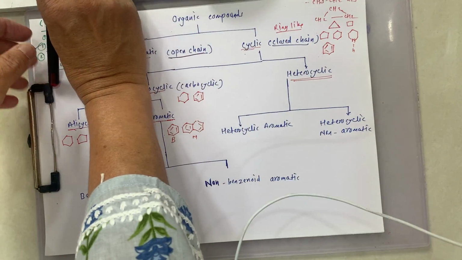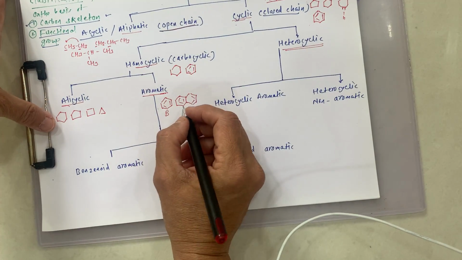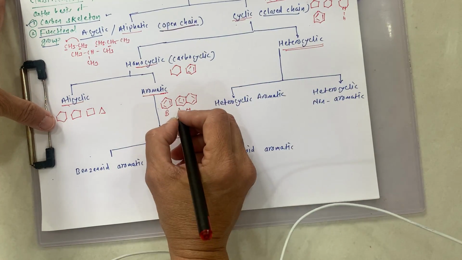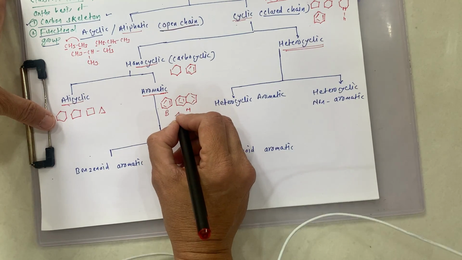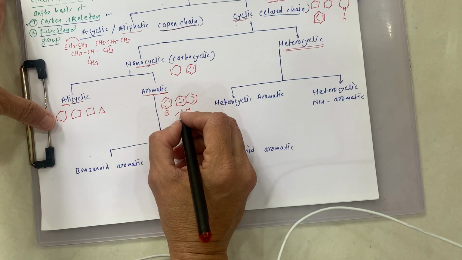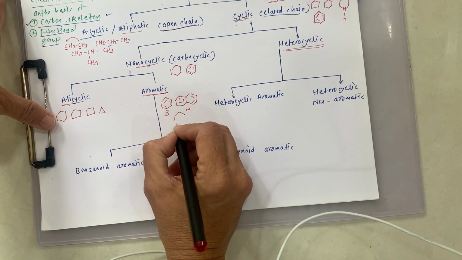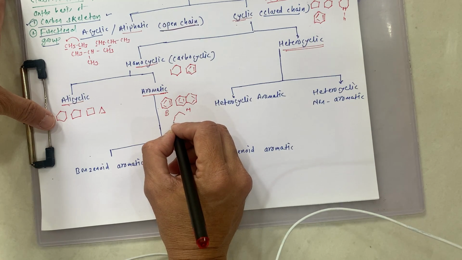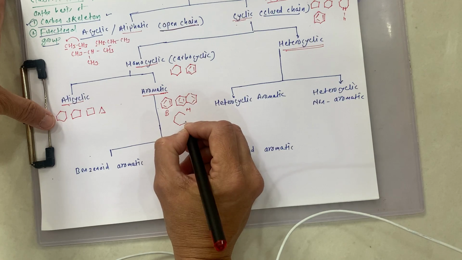Then we may have a compound like this also, which is a 7-member ring. Okay, 7-member ring, 1 2 3 4 5.